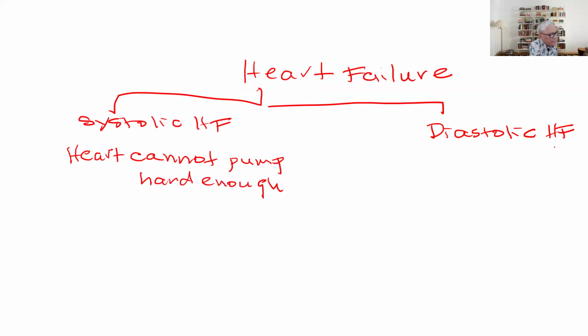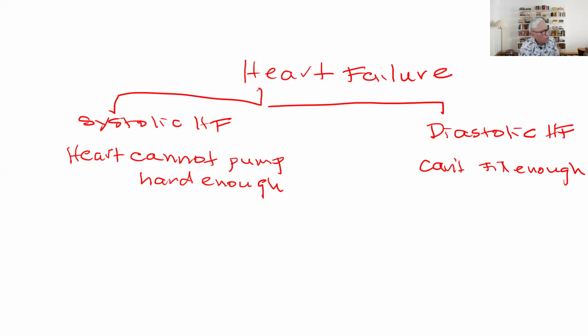And when we say diastolic heart failure, the heart cannot fill enough. So we have two kinds of heart failure: systolic, wherein the heart cannot pump hard enough, and diastolic, where the heart cannot fill enough.